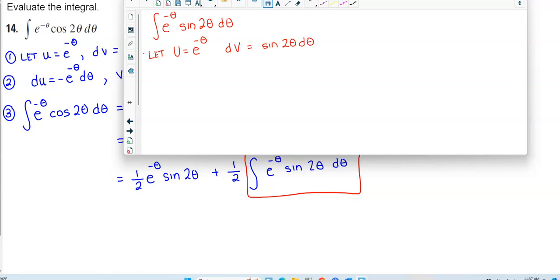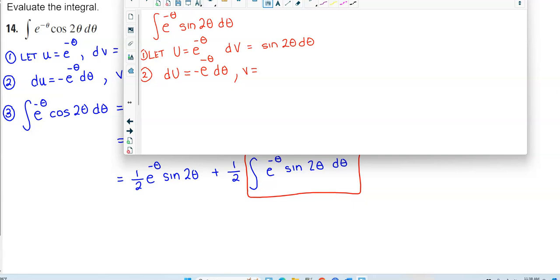If we take the derivative, we get dU, which is negative e to the negative theta d theta.